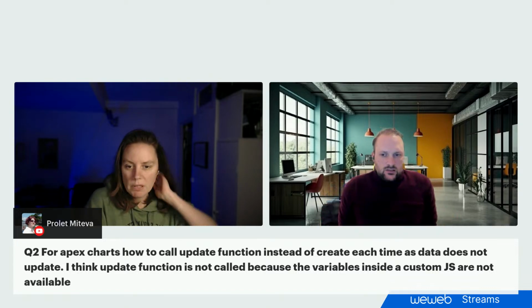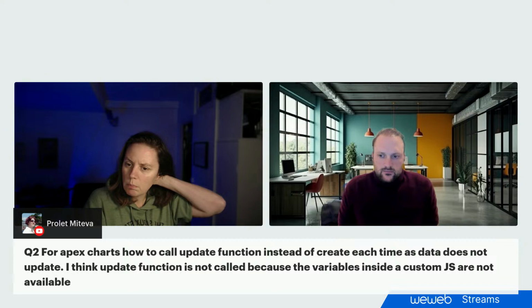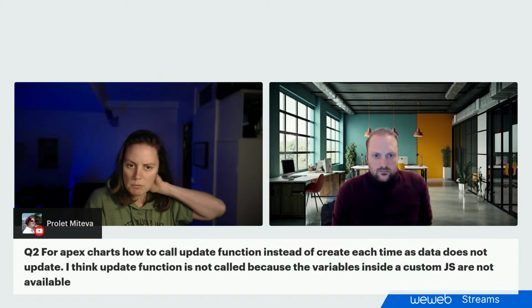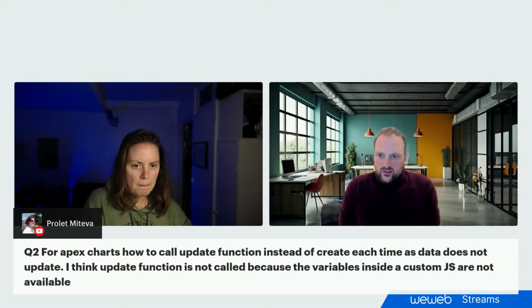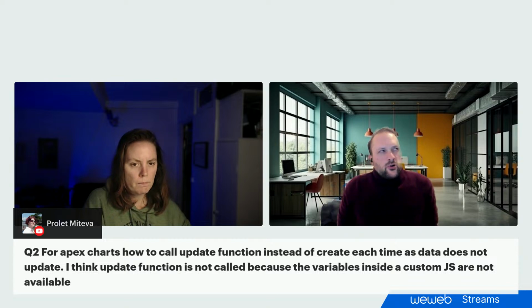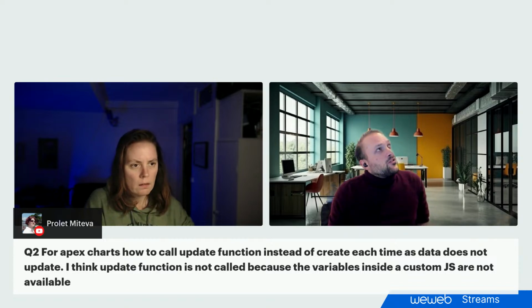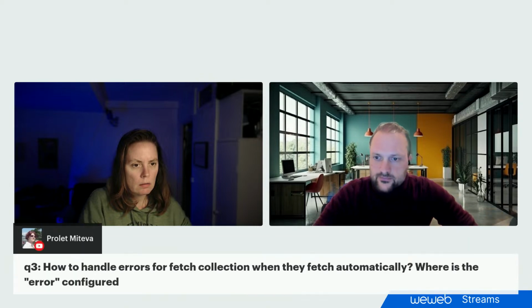I'm not sure, I don't know how you built your Apex charts. I'm guessing with a custom component? Because we're using chart.js, right? Yeah. Normally, if something changes in the bindings, the chart should refresh itself. I don't remember if we added a component action for this. I might need to take a look at this.